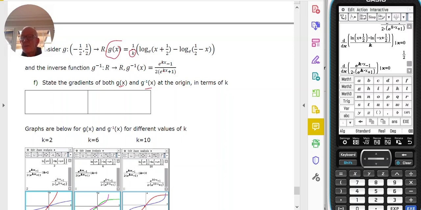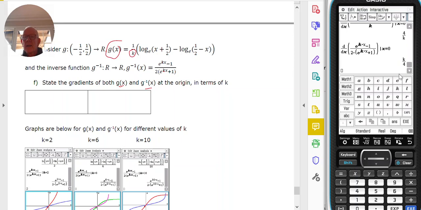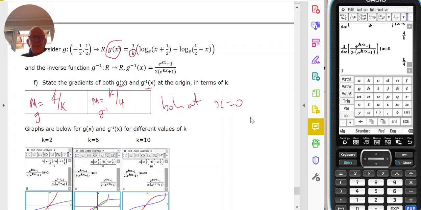And when I press XE, I get 4 on k and k on 4. So k on 4 is the exponential. So this is the gradient of g, and this is the gradient of g inverse, both at x equals 0.